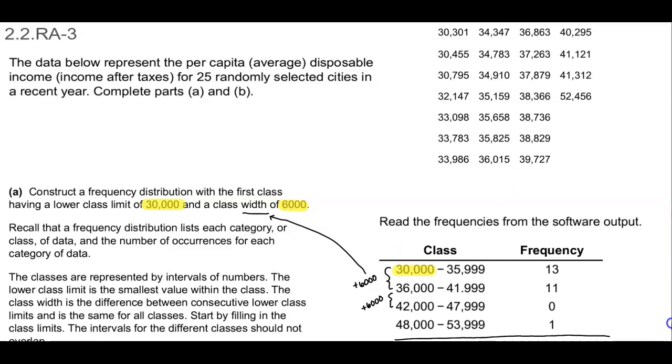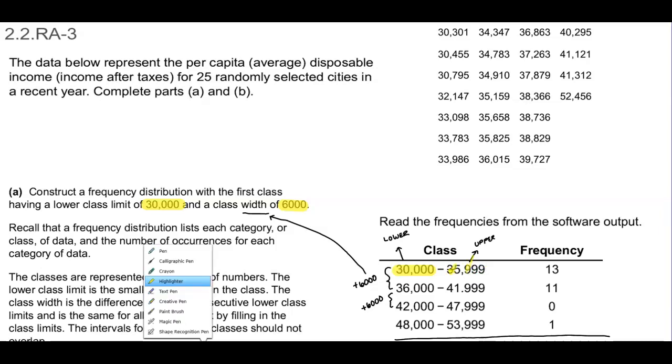Okay? So what that means is that if this is the lower class limit, because that's what it's saying, I'm just going to put lower in here, then this is the upper class limit. And the upper class limit in this particular example ends at 35,999.